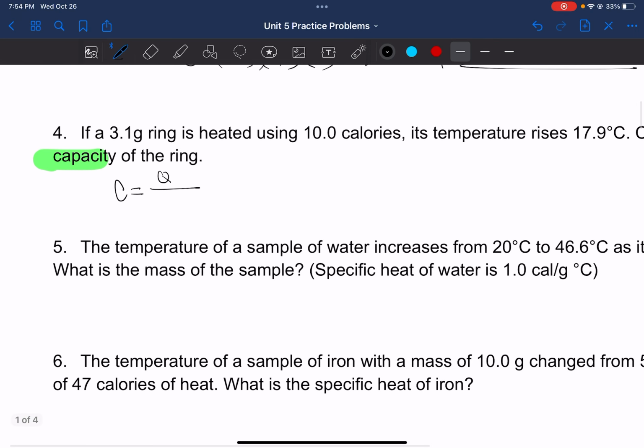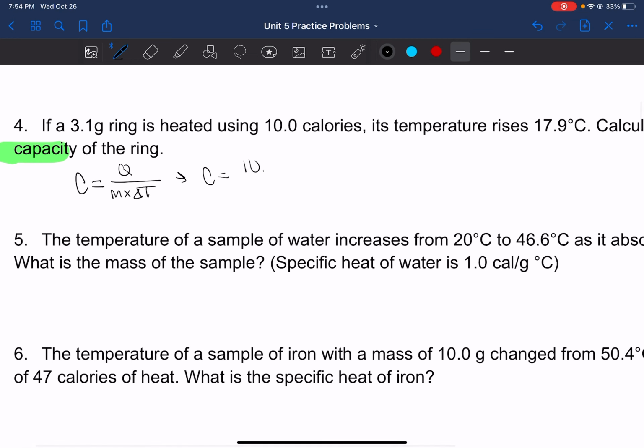So it would be Q over mass times delta T. So that'd just be C equals calories on top. And you'll notice for most variants, the Q's on top. So just remember calories on top.